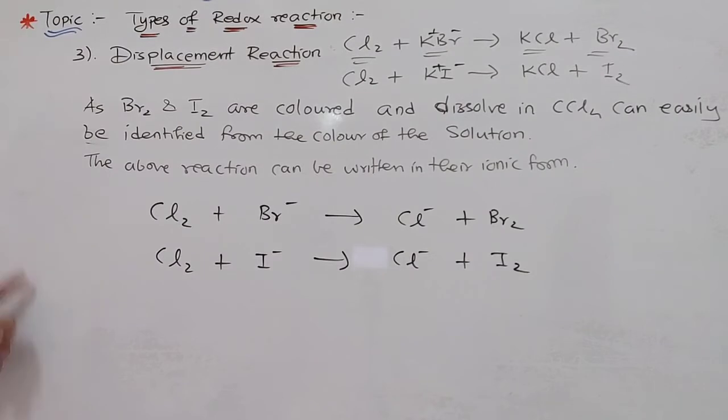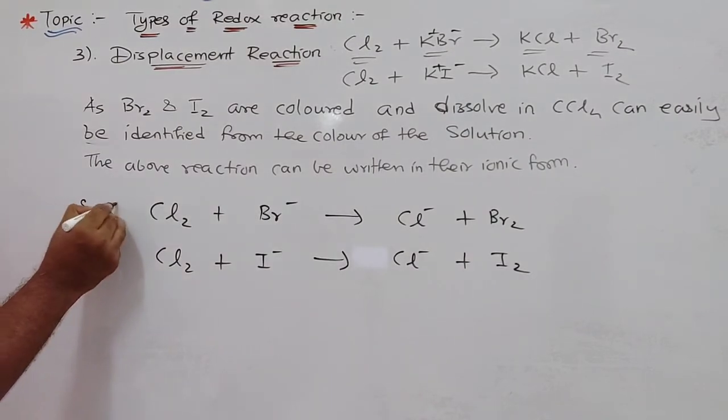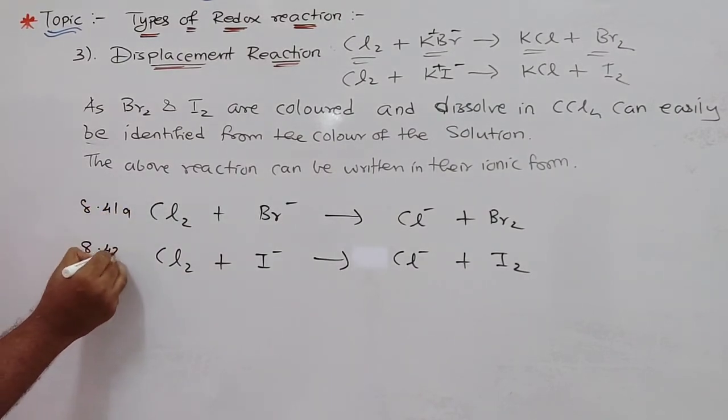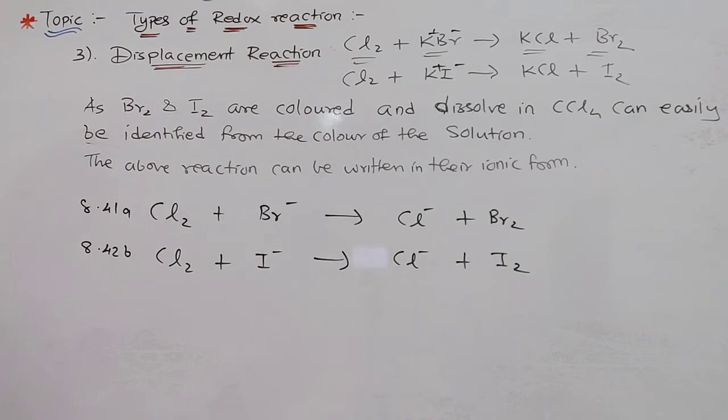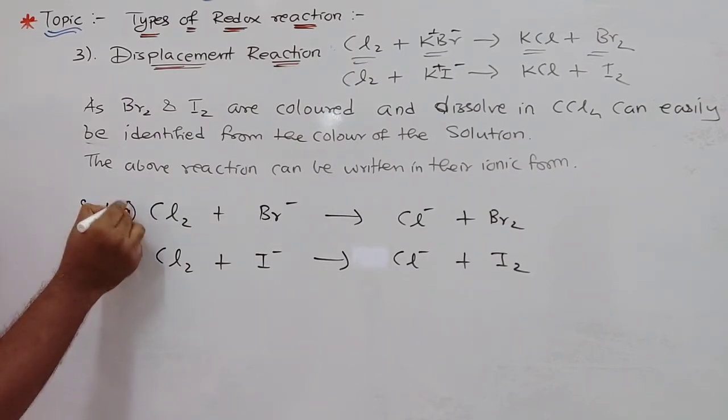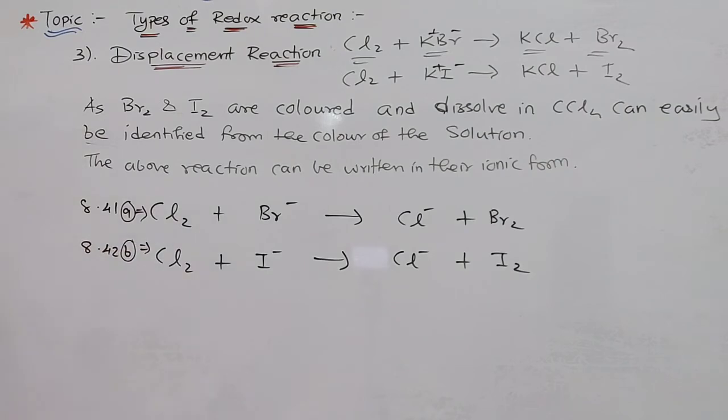So now these two reactions, that is which one? 8.41A and 8.42B. Okay, so these two reactions can be used to identify Br minus and I minus in the laboratory through the test popularly known as the layer test.